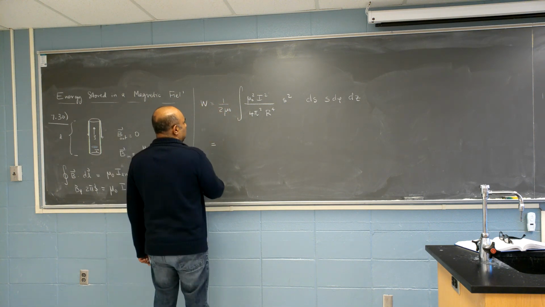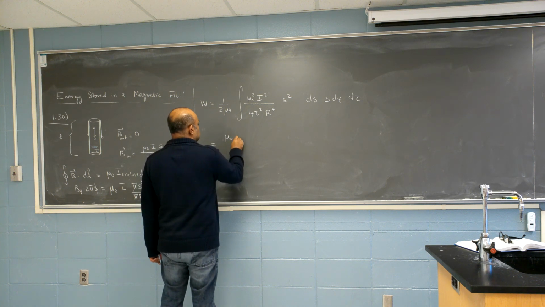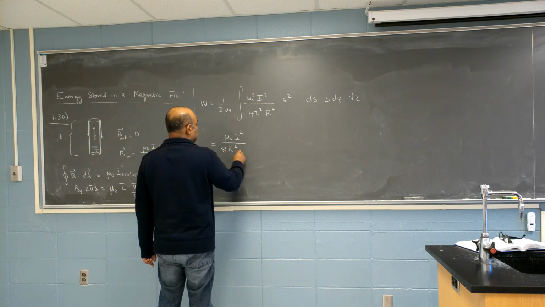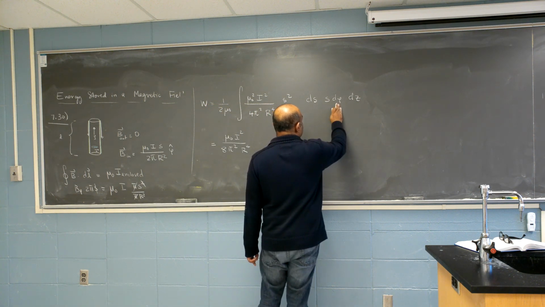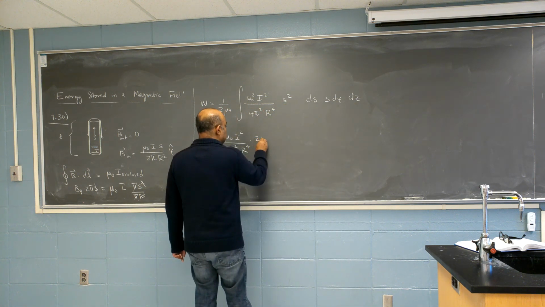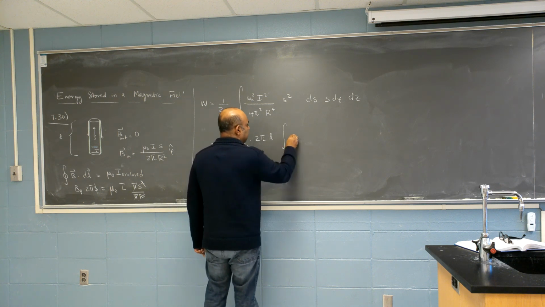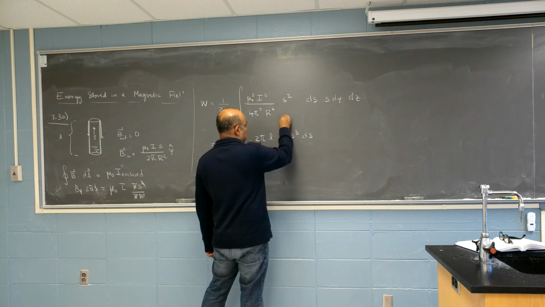So one of the mu zeros would cancel, I squared over 8 pi squared r to the 4th. This is going to give me a 2 pi, and this is going to give me an L. So times 2 pi L. Then I have s cubed ds from 0 to r.